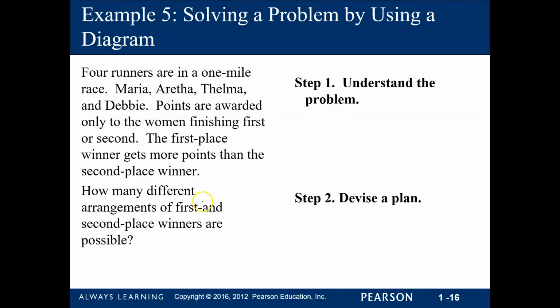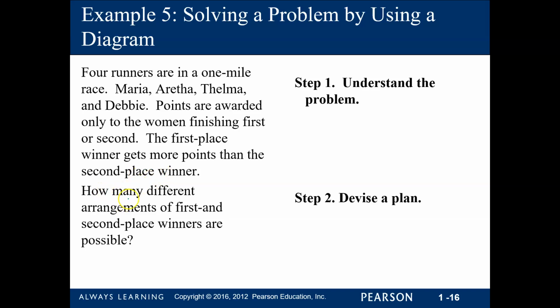All right? So another scenario wherein an equation is not needed is this scenario wherein you can use a diagram instead of a table or a list. So we have 4 runners: Maria, Aretha, Thelma, and Debbie. 2 points are awarded to the women finishing first and second. First place, of course, gets more points than the second place winner.